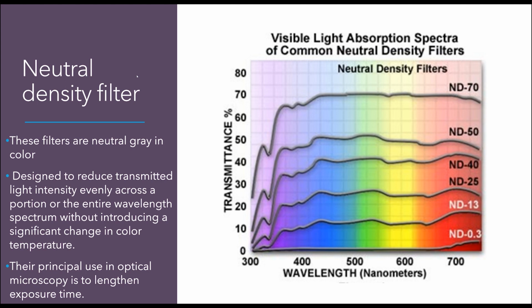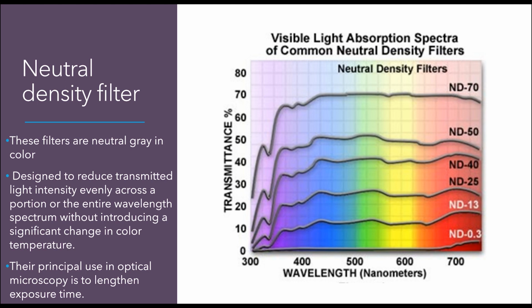Actually this is in a neutral gray color, and it is designed to reduce the transmitted light intensity evenly across a portion or the entire wavelength spectrum, without introducing any significant change in the color temperature.